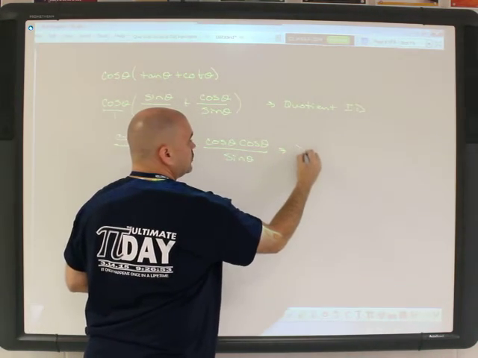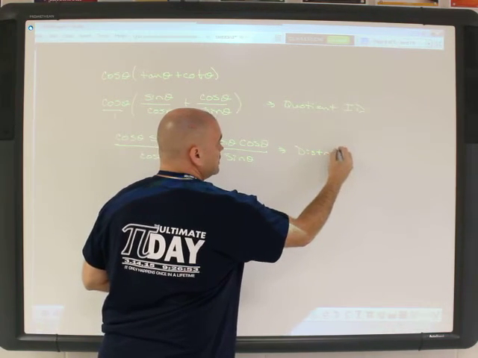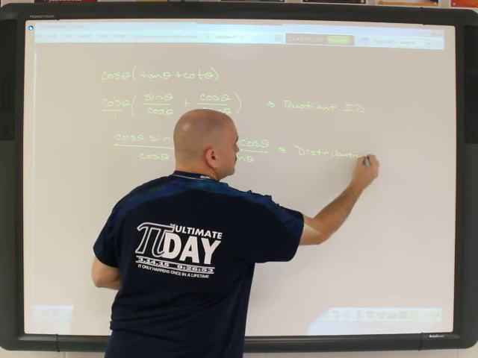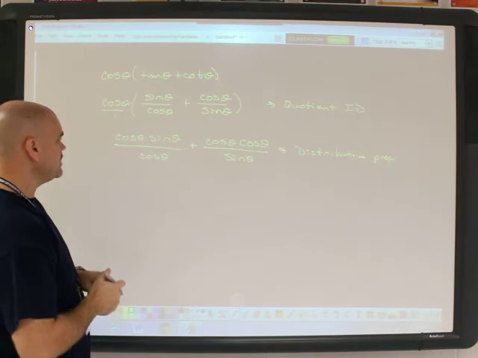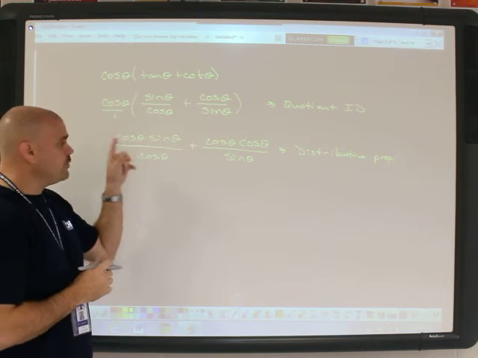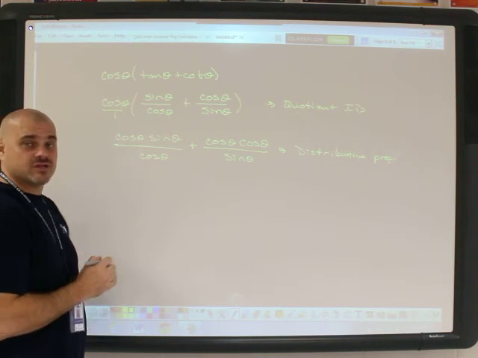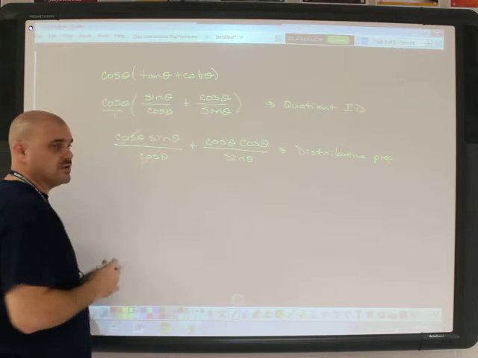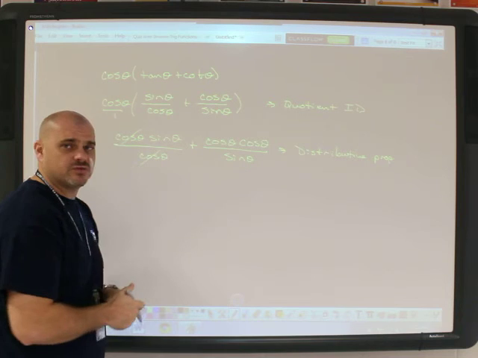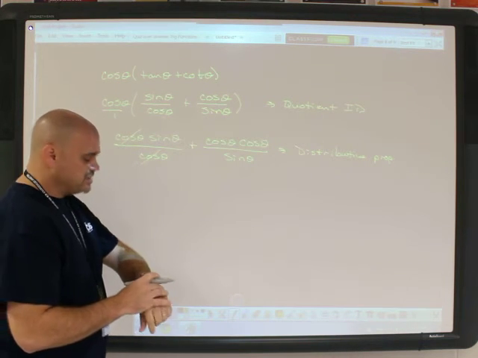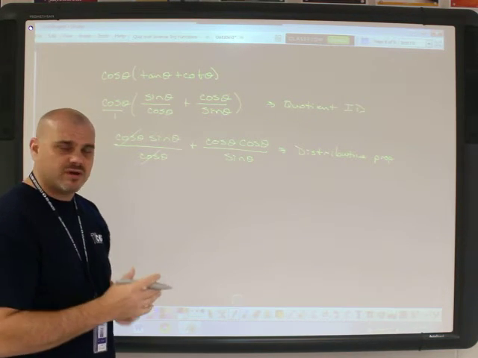All we did here was distribute. Now if you look, if we're multiplying, we can actually reduce these cosines. I'm going to reduce those, not cancel them out, but reduce. But on the right-hand fraction, there's nothing to reduce. That's a little more of a problem, but we'll come back to that.